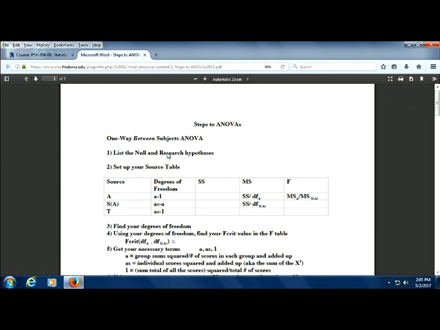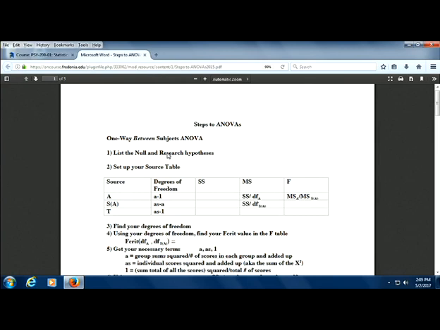And the way you refer to that is called subjects nested in A. And that means that all of our subjects that we have, all of our rats or whatever, are inside levels of A. They're only getting one brand of rat food, and so they're nested in that particular brand that they're assigned to. And then the last part is total, and that's total variance.